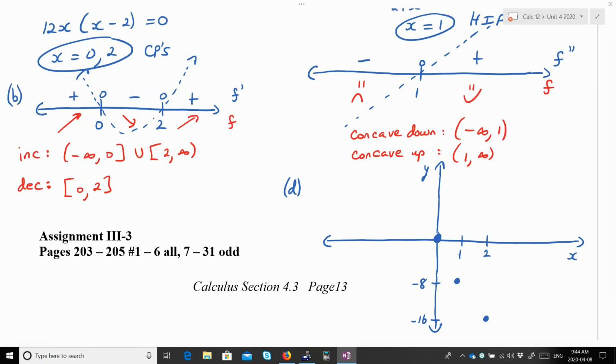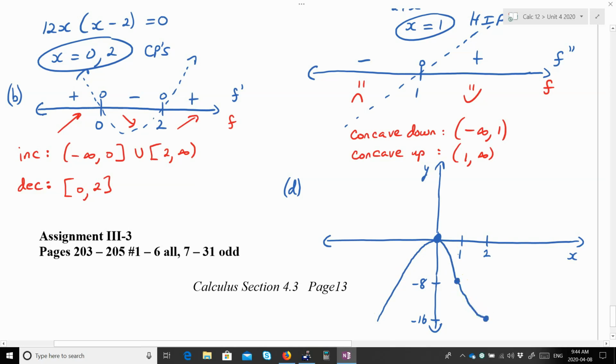Okay, and so then you'll notice that the original function has to be increasing from negative infinity to 0, and that 0 is a relative max. And then the graph is decreasing from 0 to 2, and we have an inflection point at x equals 1. So decreasing, and then you can see right at that inflection point, it switches concavity.